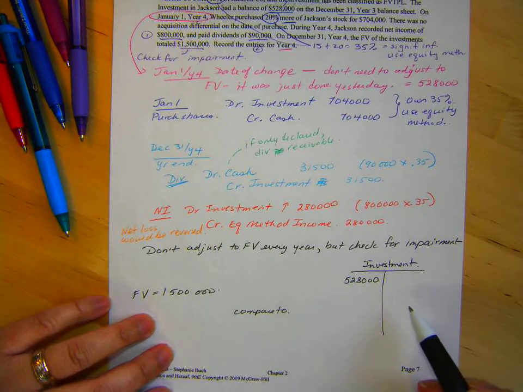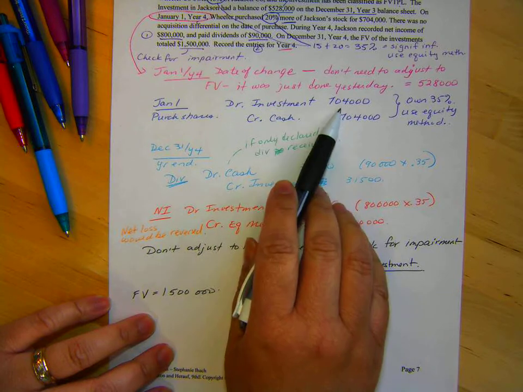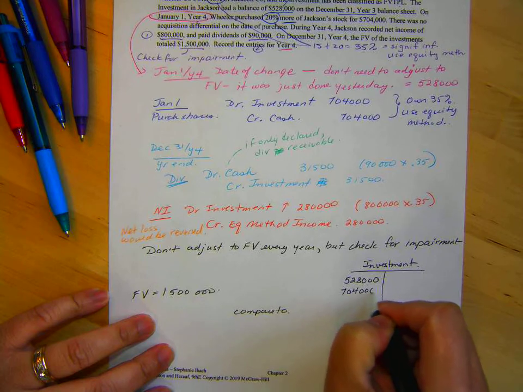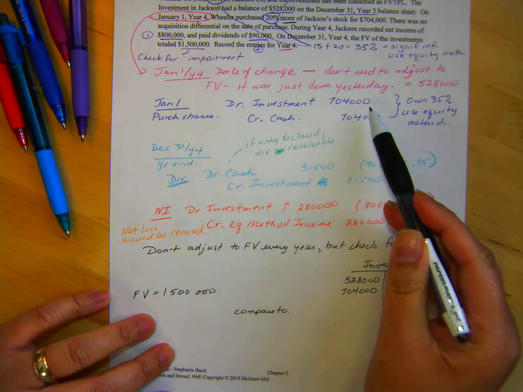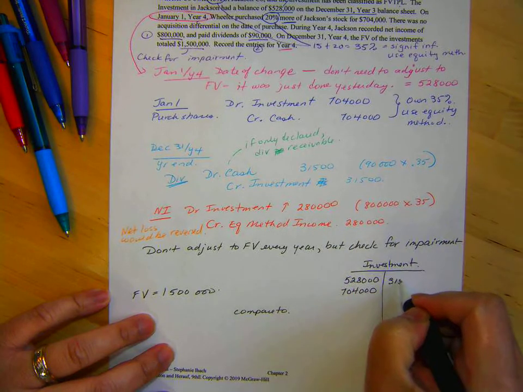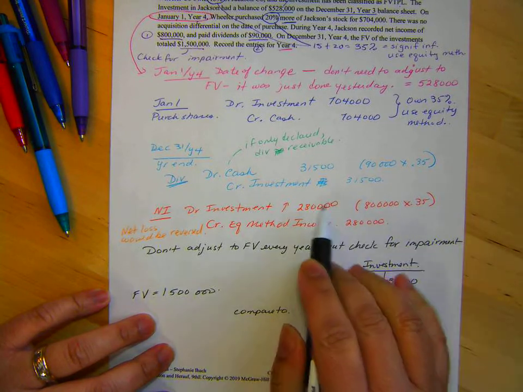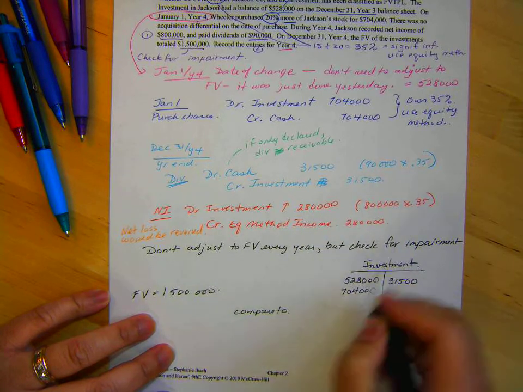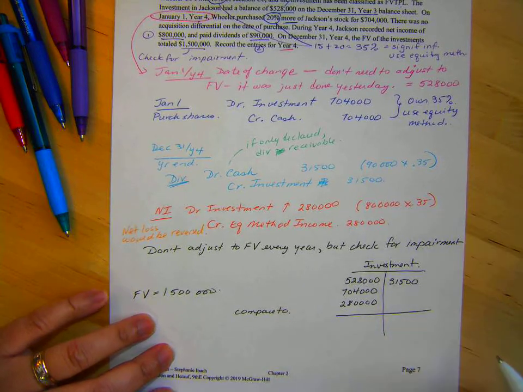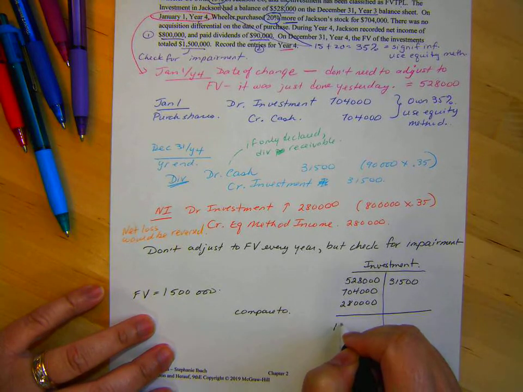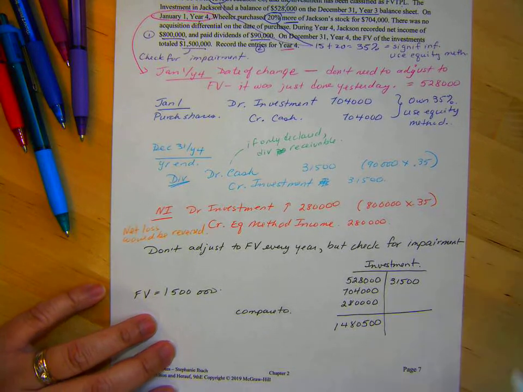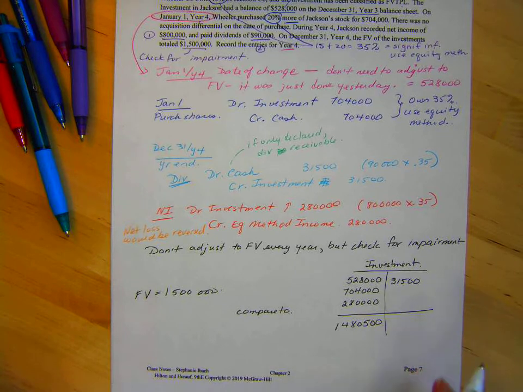Now, what have we done? We added to the investment 704,000. We decreased our investment by 31.5, and we increased it by 280. So let's look at the balance. 1.4805 million.